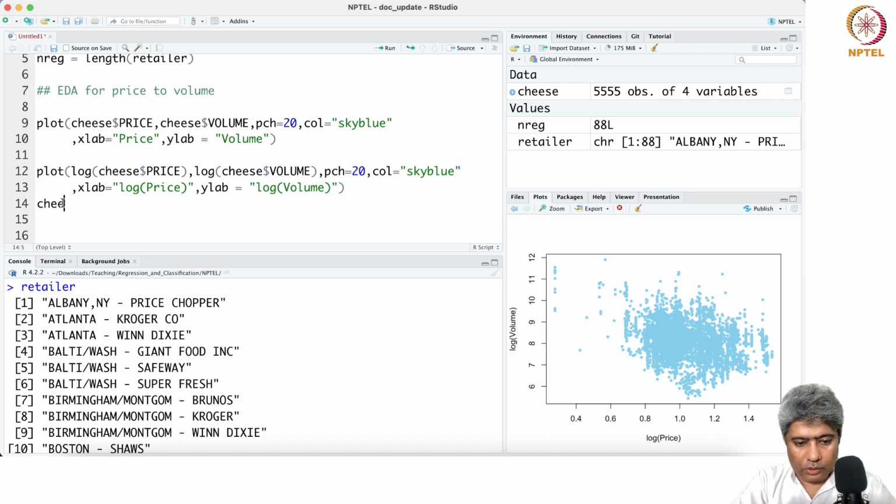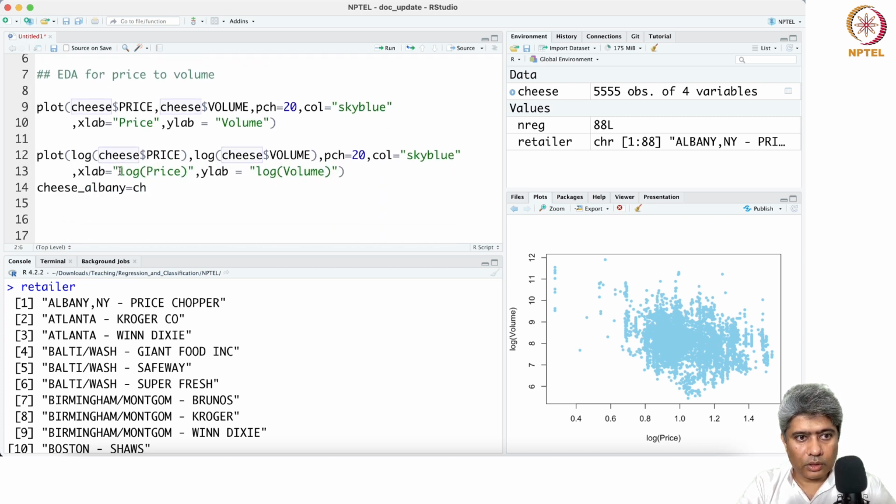So cheese dataset, dollar retailer equal to, let me just copy this, and comma.